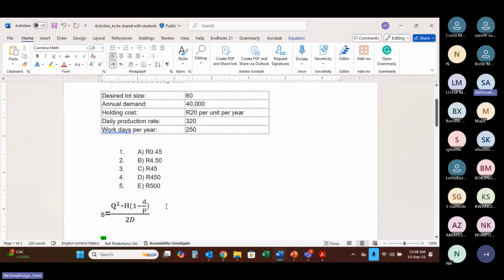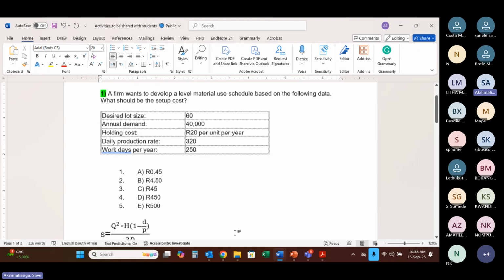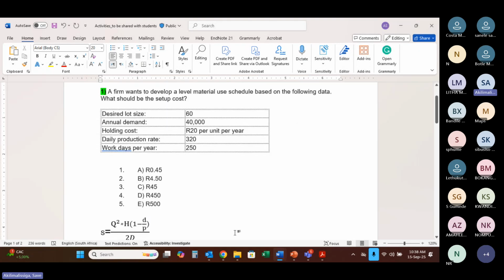All right, so now we're going to identify the different variables or elements from the statement or from the table. Here it says desired lot size. So this is our EOQ, or the value of Q, which is 60.